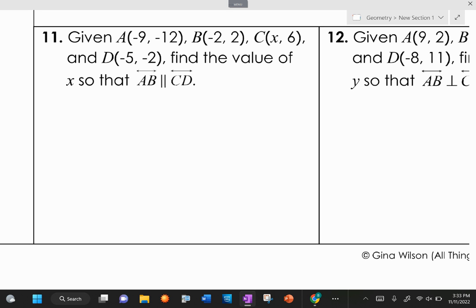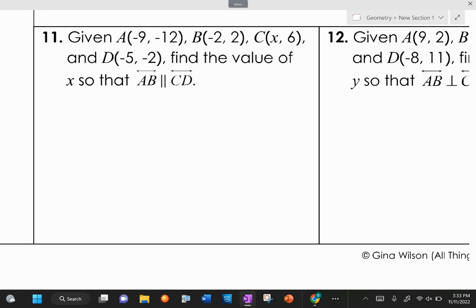So for 11 and 12, they are giving you pieces of information, but they don't give you all the information you need necessarily, so you have to do some algebra. What number 11's asking is it's giving you 4 points, but one of those points you don't necessarily know the exact location.